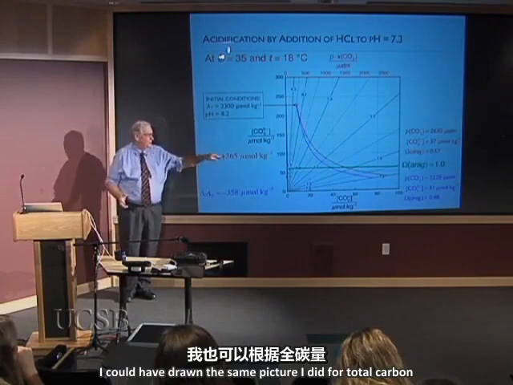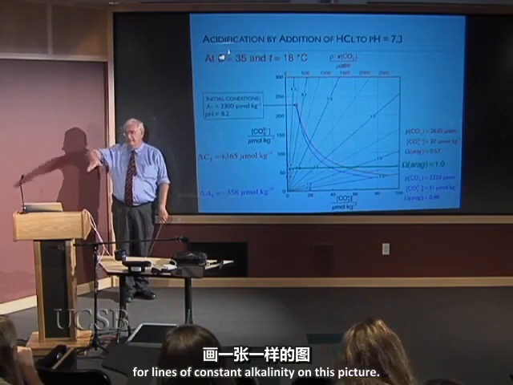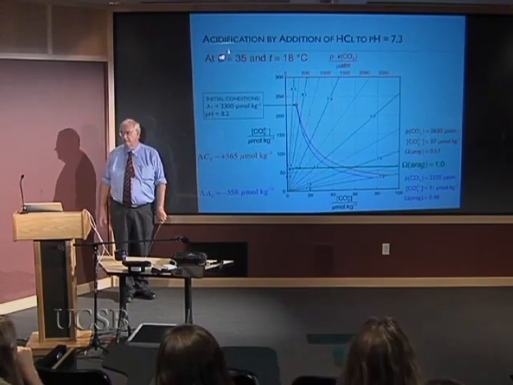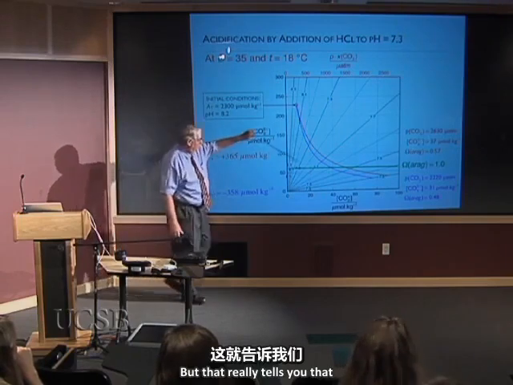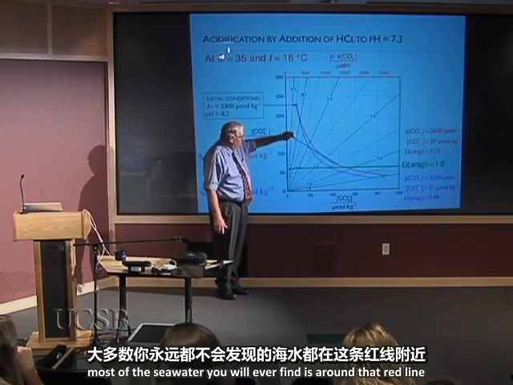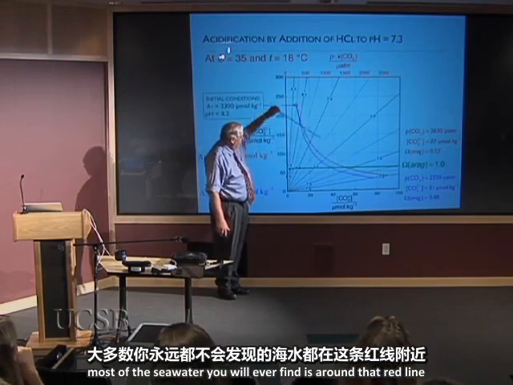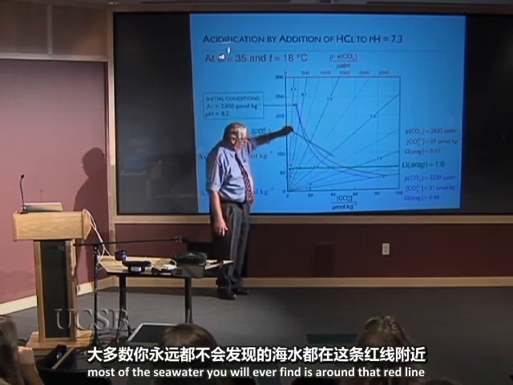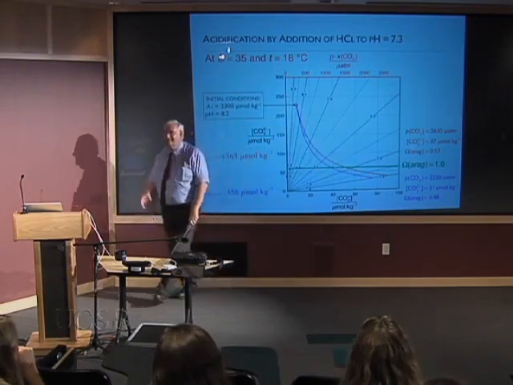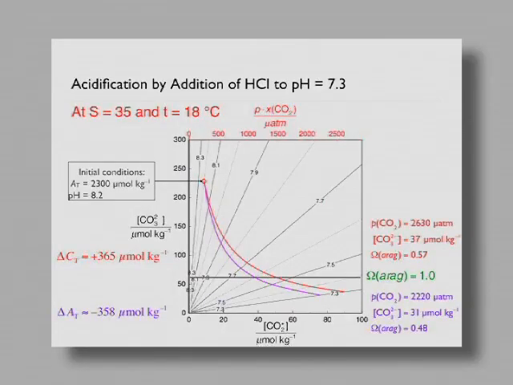I could have drawn the same picture I did for total carbon for lines of constant alkalinity on this picture. But that really tells you that most of the seawater you will ever find is around that red line in a kind of thickish band.